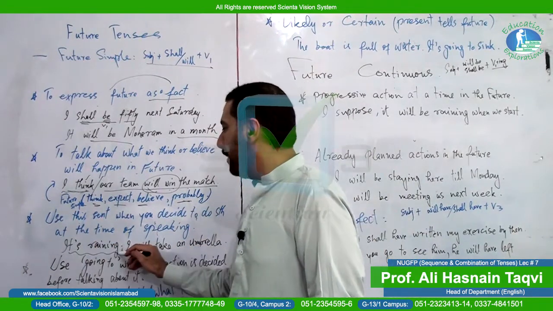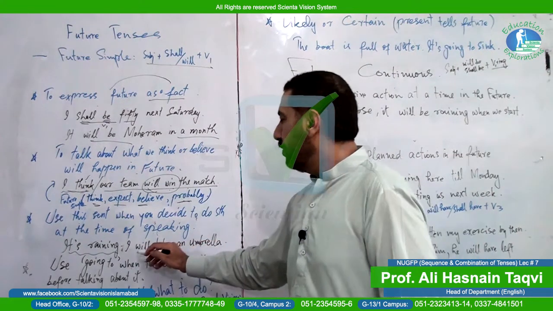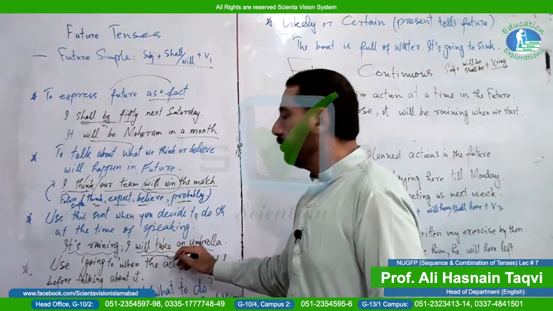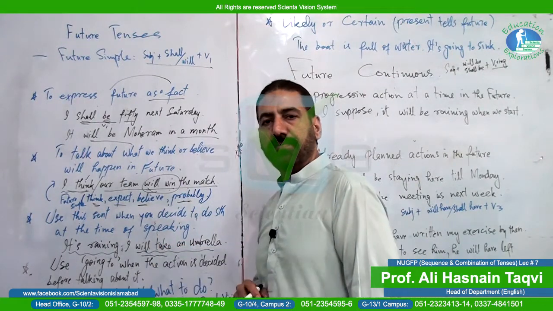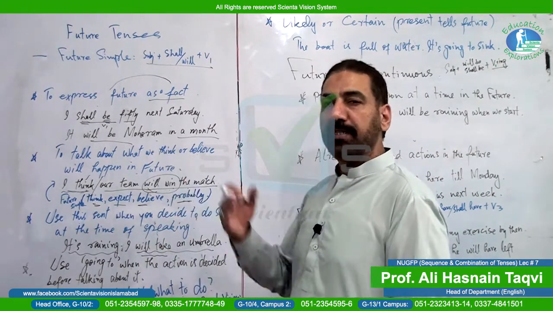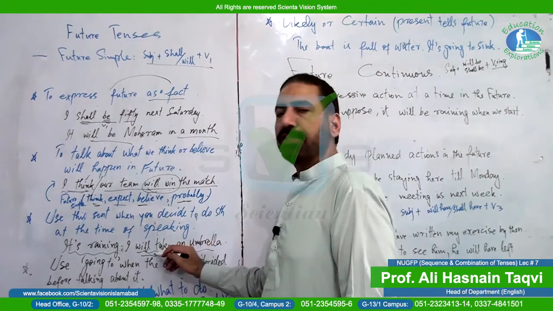See, something is happening, that is present continuous, and now you have decided what you will do. For that you are using future simple. It is raining, I will take an umbrella. Even if it is not raining, I will take an umbrella. So you have decided to do something. For that, future simple.